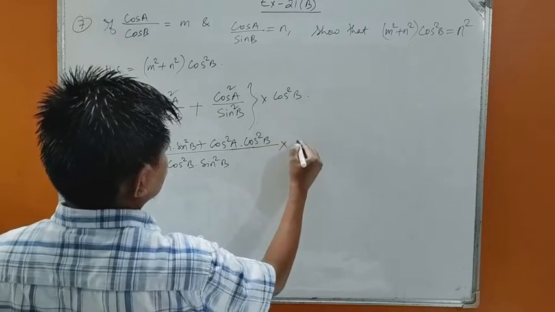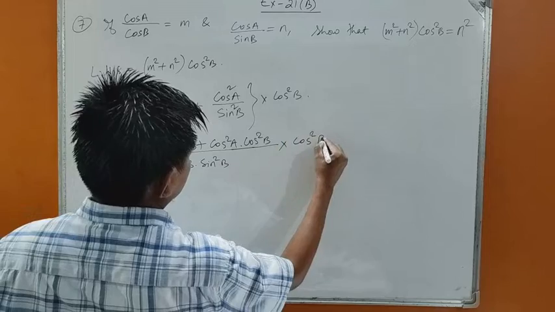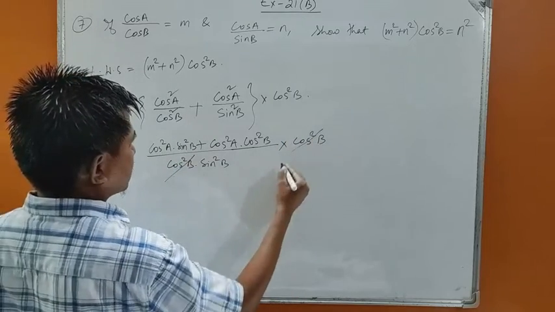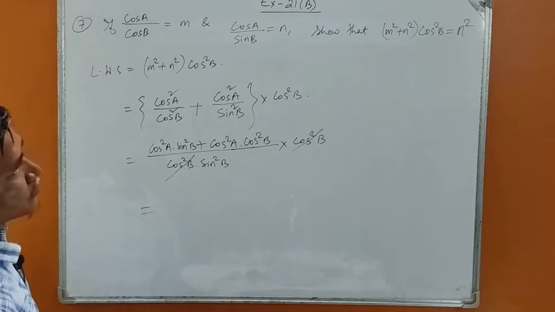Here we have cos square b, and now this cos square b and cos square b can be cancelled, so we need n square, isn't it?